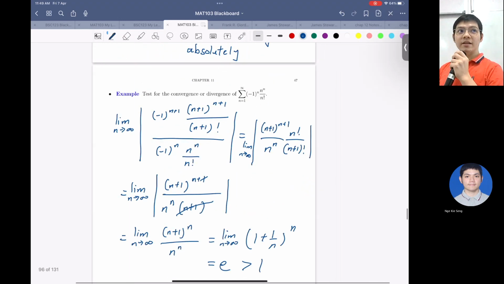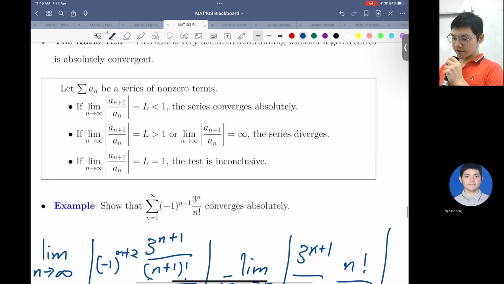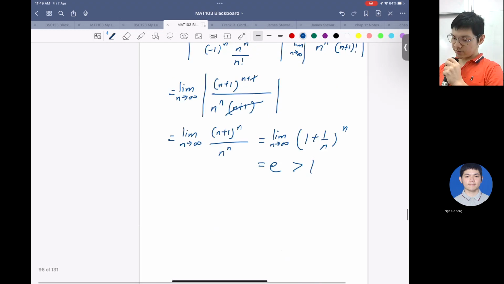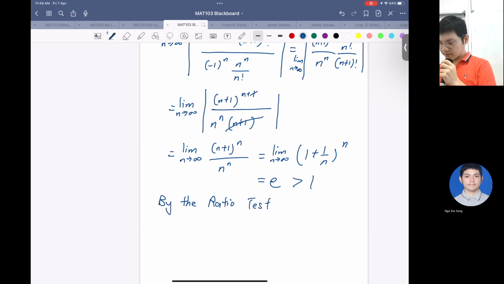Since this limit is greater than 1, it is the second case here, so the series diverges by the ratio test.